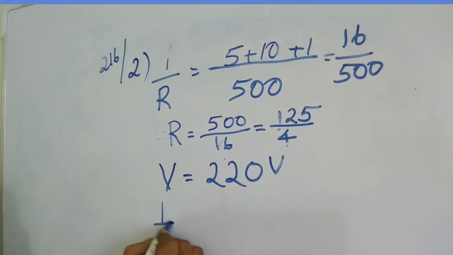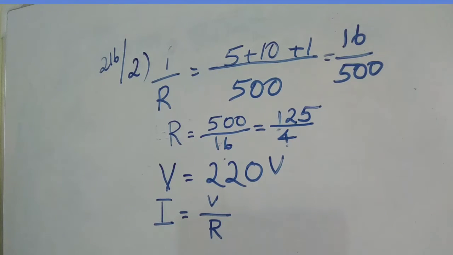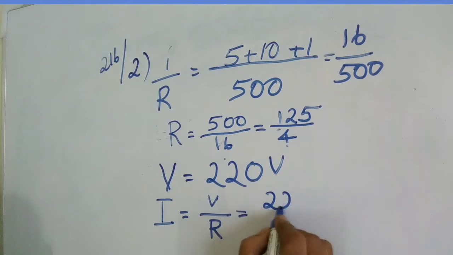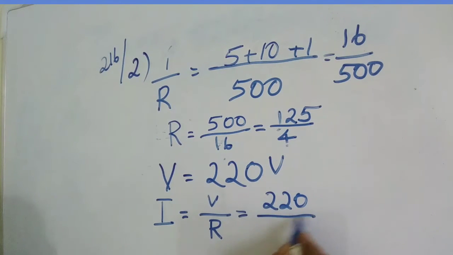So what will be the current through the circuit? V by I is equal to R, or I is equal to V by R. I is equal to V by R, which is equal to 220 by 125 by 4.